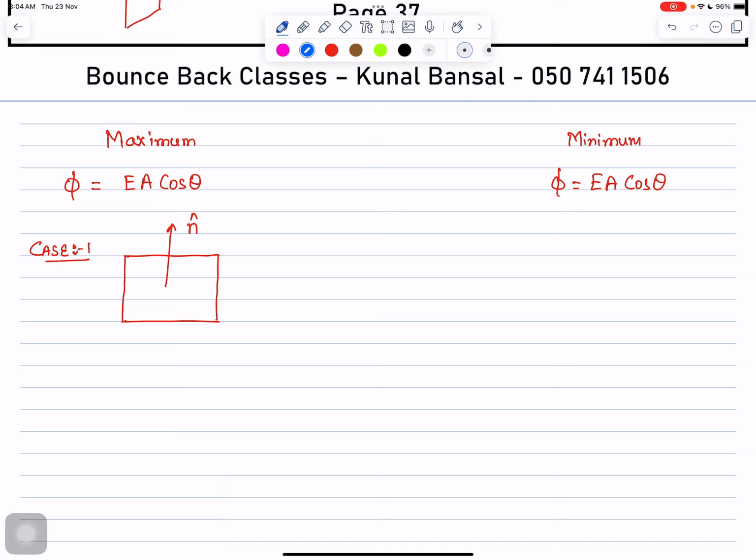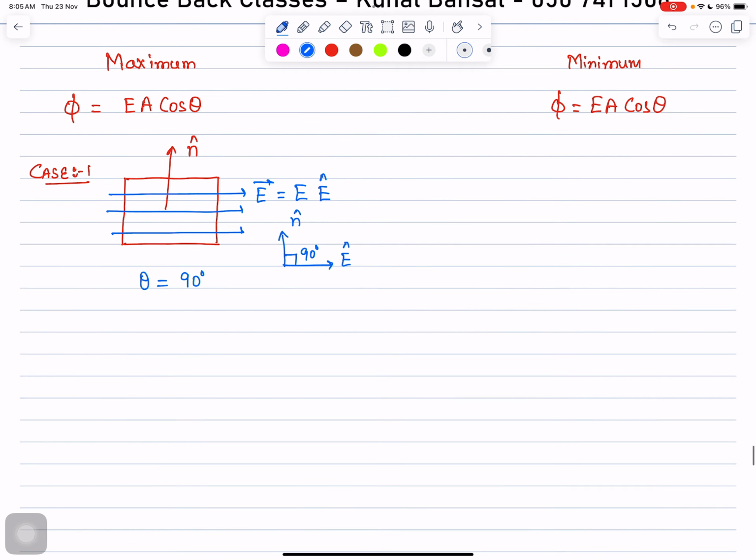These are the electric field lines. So can I say electric field vector is equal to E multiply E cap? Fine. So can we easily find out what is the angle between them? The angle is 90 degree. How? Electric field lines, E cap is going like this, n cap is going like this. So what is the angle? 90 degree. Clear?